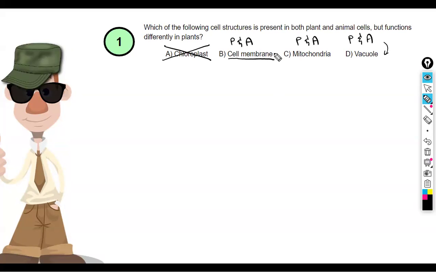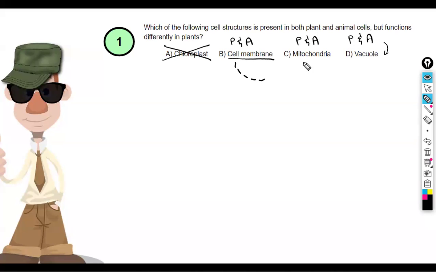Yes or no? The answer is yes. Remember, the cell membrane allows things to go in and go out. It doesn't matter if it's a plant or animal cell. That's the security system of the cell.